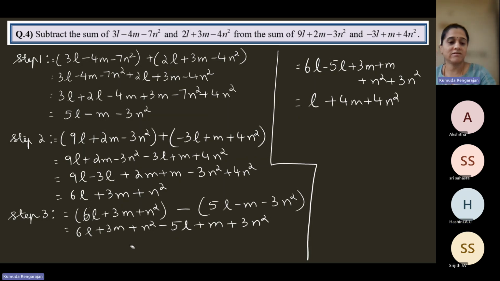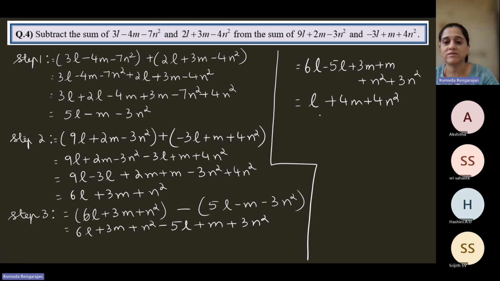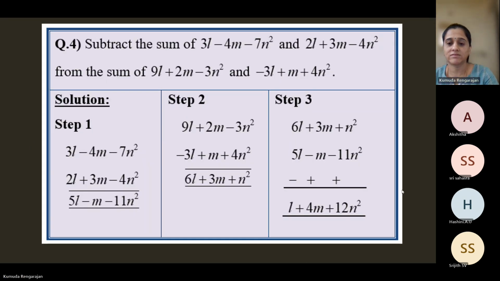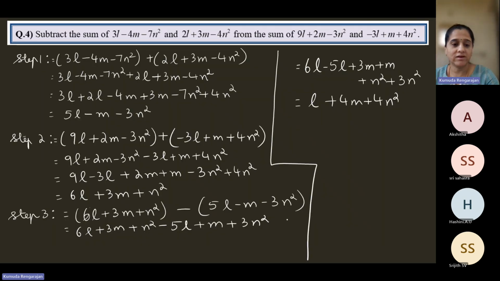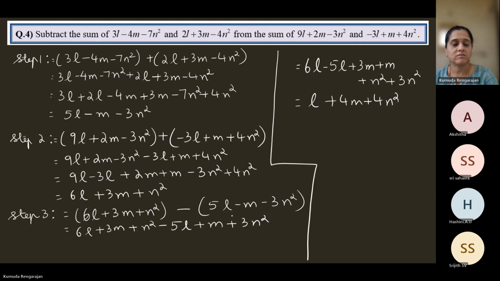Ma'am, I've gone wrong? Vertical method, yes, both you can do. Any method you can do. Okay, ma'am. Plus 4N plus 4N square. Oh, I put a, oh, there's a minus.